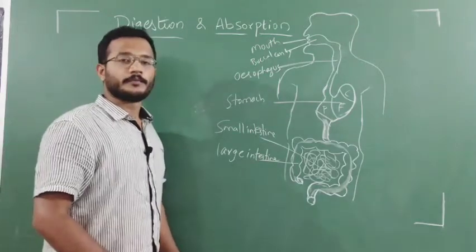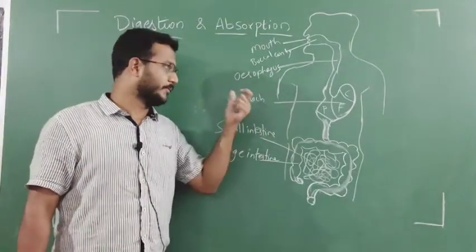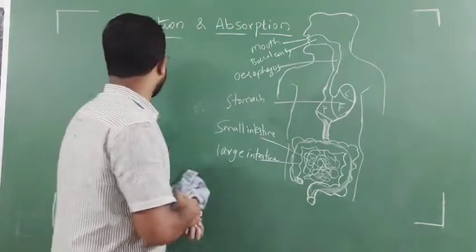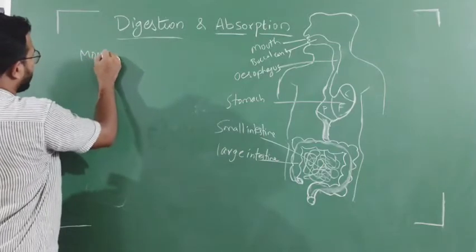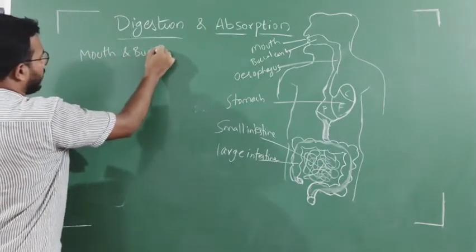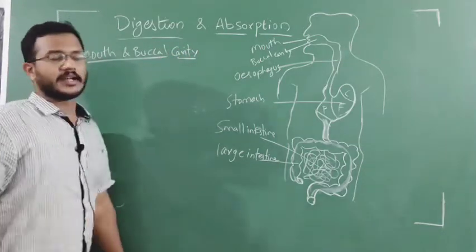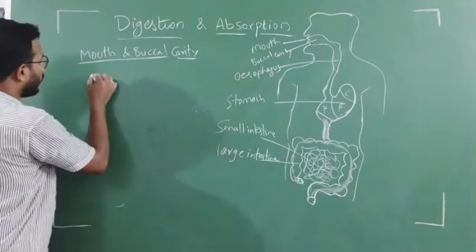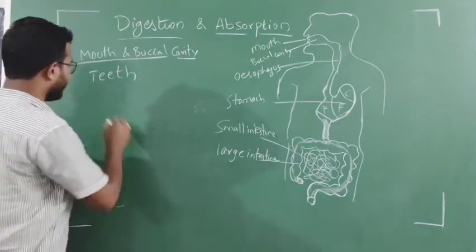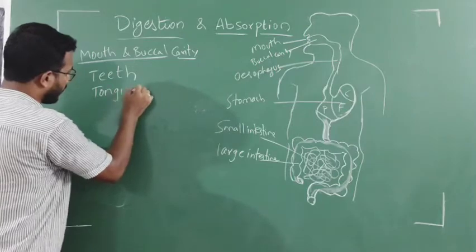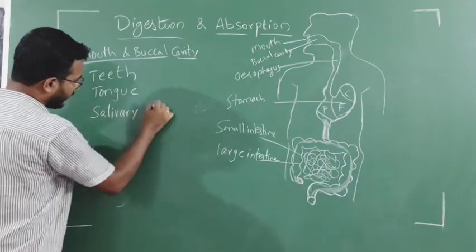Now what we will do is take each and every region and learn some important facts about each. As a part of that, now we will see the mouth and buccal cavity. What are the specialized organs present in the buccal cavity? In the buccal cavity we have teeth, tongue, and salivary glands.